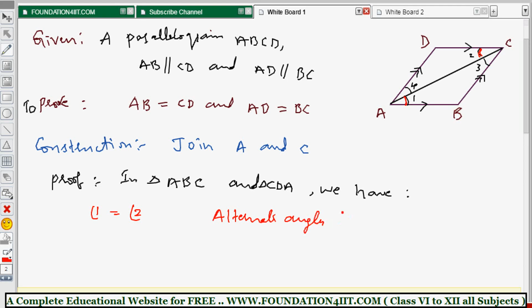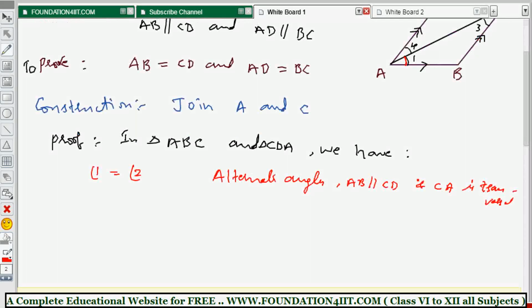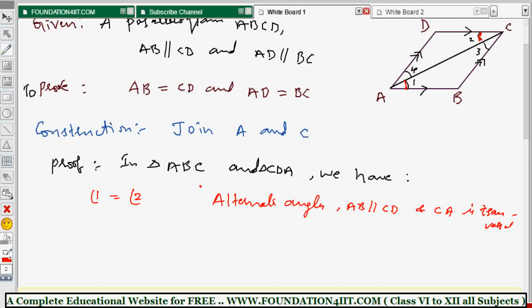Because AB is parallel to CD and CA is a transversal. So that is a transversal, right? Okay. And similarly, the other two angles, angle 4 and 3. That means angle 3 is equal to angle 4.